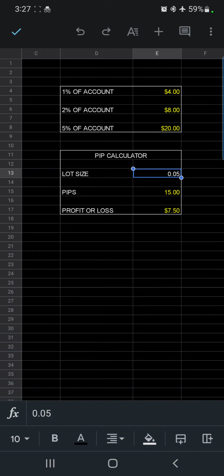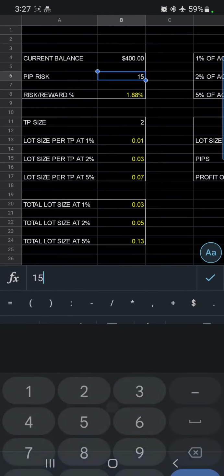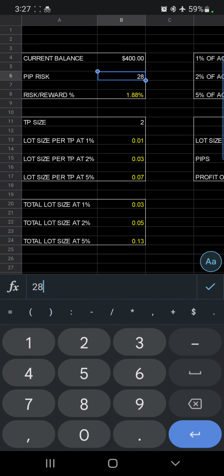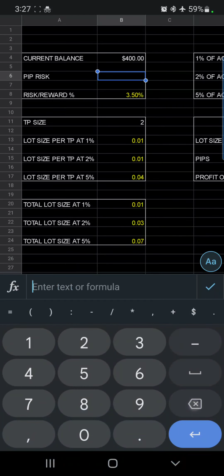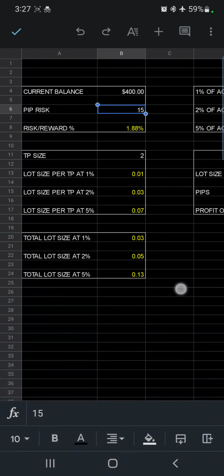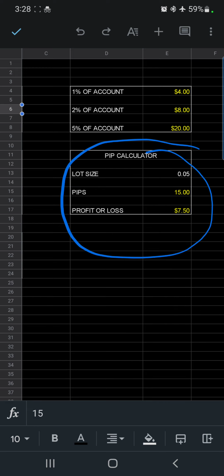Now, the pips are already typed in because we have it up here. And of course, you can always change it. That number will match down here. But to maintain our example, we'll stick with the 15. Come back over here. Now, at a 0.05 lot size, I see that for every 15 pips, I'm going to risk or earn $7.50.